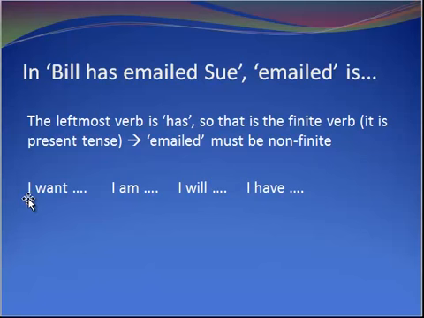So then we can try it again. I want to email, I am emailing, I will email, I have emailed. With these four test frames, we find that it only fits into the last one, and that was the test frame for participles. So emailed must be in participle form here.